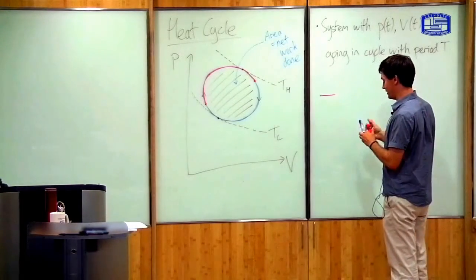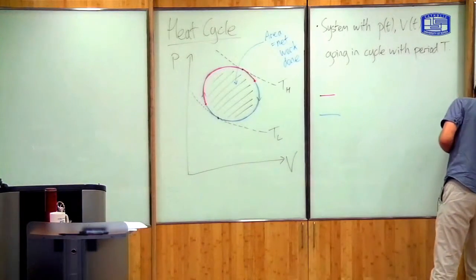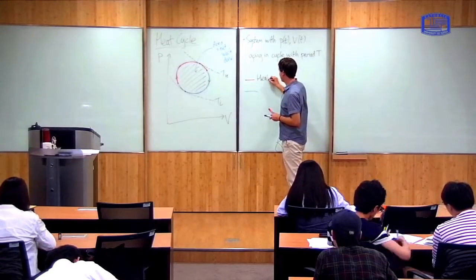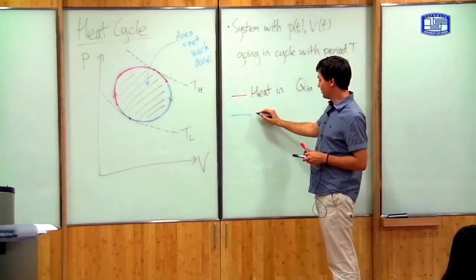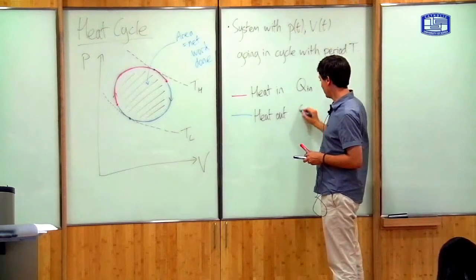This red line is the heat going into the gas, which I can call Q in, and the blue line is the heat going out, which I can call Q out.